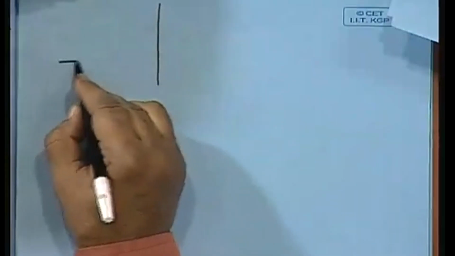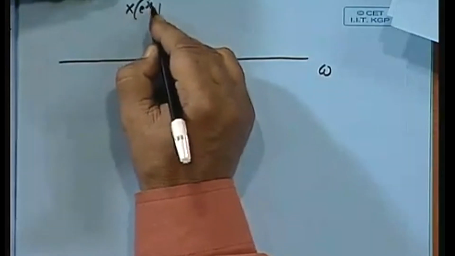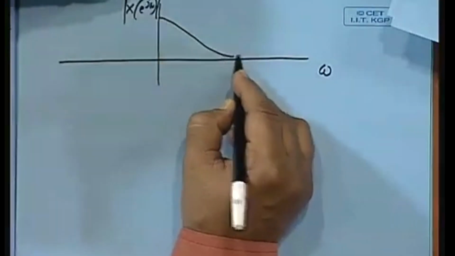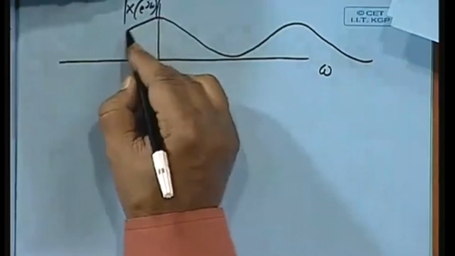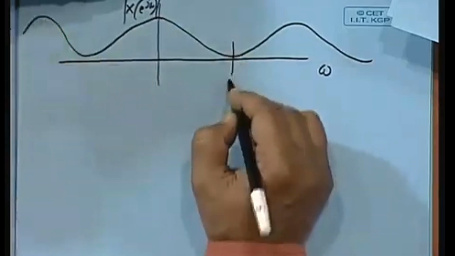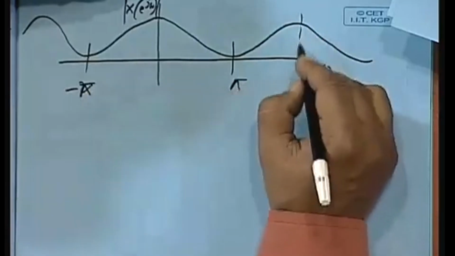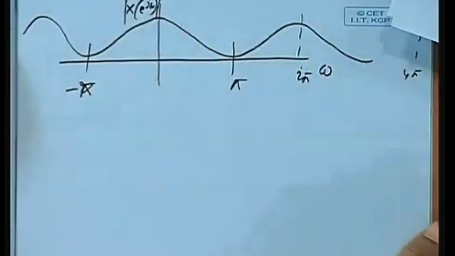So, if I now take omega and X e to the power j omega, and you take its magnitude as well as phase, either way it is a periodic function, maybe like this, with minus pi to plus pi, 2 pi, then 4 pi and so on. So, it is a periodic function.